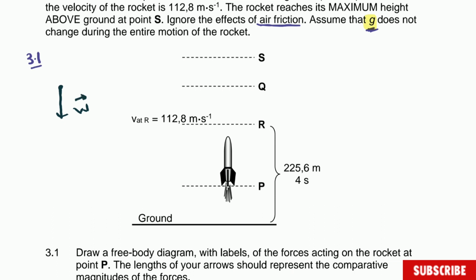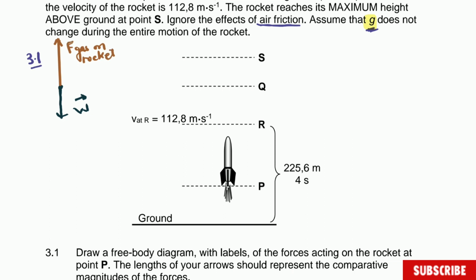But the gases are also pushing the rocket upward in this case. And that will be the force from the gases on the rocket. This is a little bit tricky, but that is the force that is pushing this rocket up. I'm going to write the force from gases on rocket.